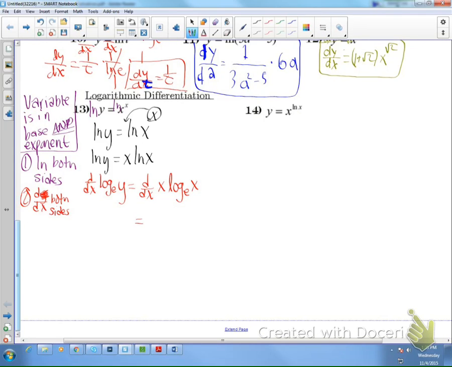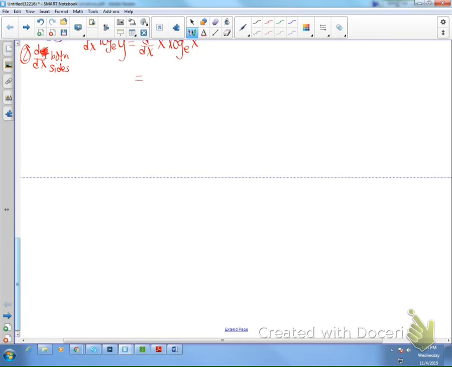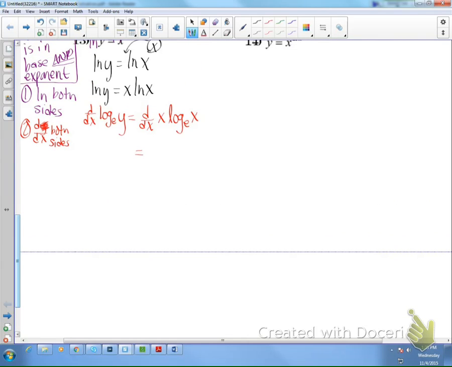Okay, who has the derivative on the left side? What is it? 1 over the part times natural log e times the derivative of y, which is just 1. Oh, that's a y.